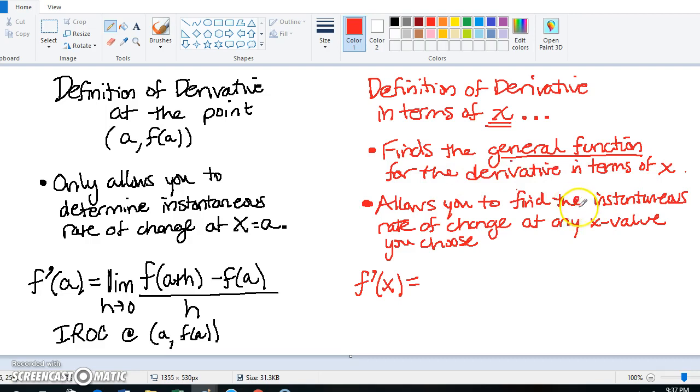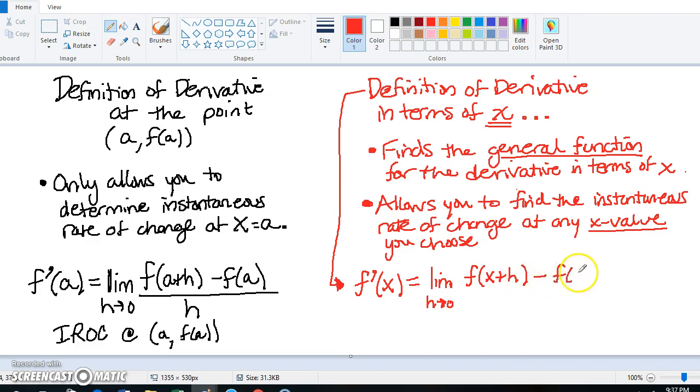This way, if we have the function, we could find the rate of change at any x value you choose. What is the definition of derivative? In general, it will be f prime of x equals the limit as h approaches 0 of f of x plus h minus f of x all over h.